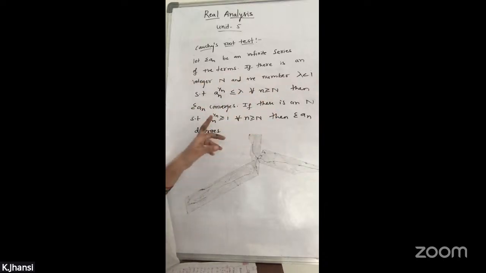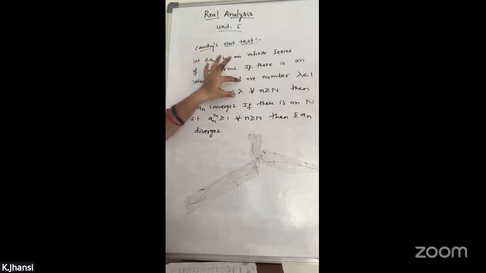If this value is greater than or equal to 1, then summation an diverges. So the main thing is these 2 points. We'll see one example problem.